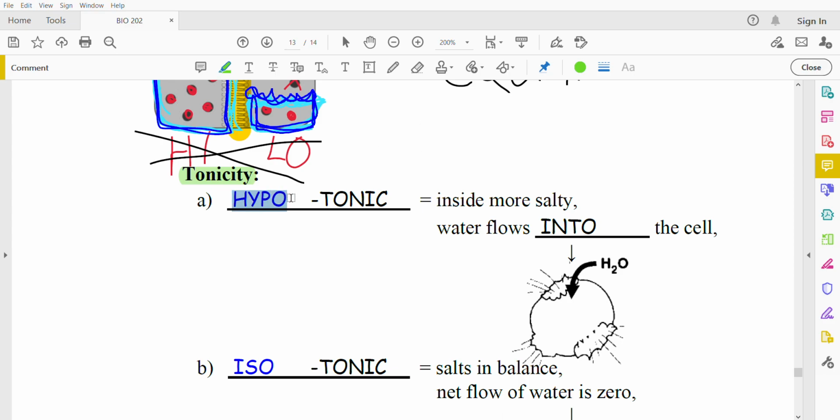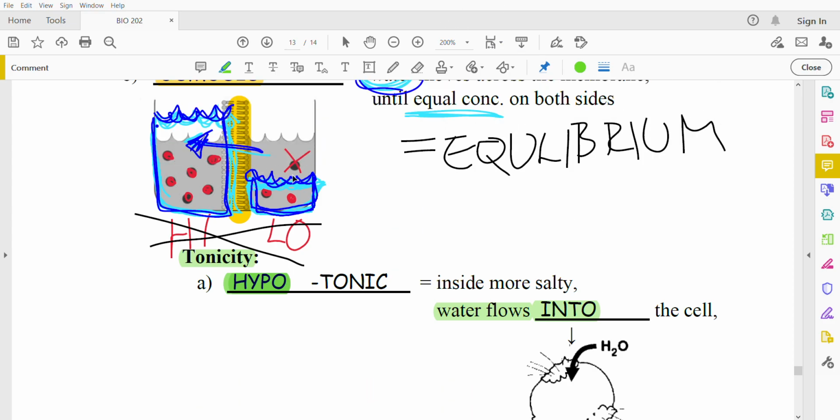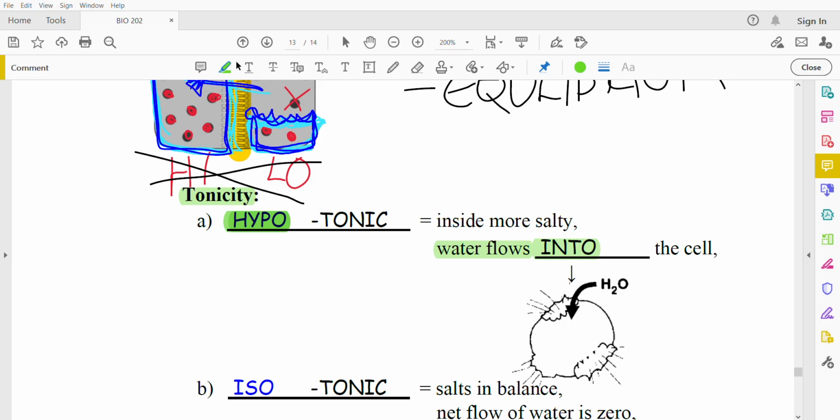And the first one that we're going to look at is hypotonic cells. What happens in hypotonic cells is that water flows inside the cell, because the inside of the cell is more salty, and again we try to balance off this concentration difference. Well, we balance it off by moving water into the cell, as we can see here.